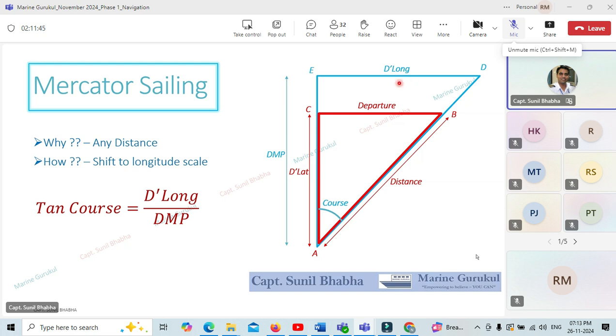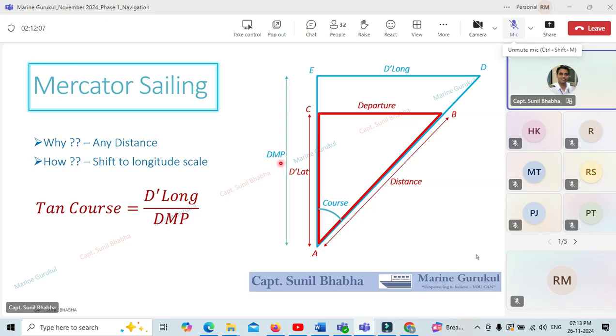DLong can be easily obtained from the chart itself. In fact, we have our initial position and final position given to us. We can obtain the DLong between the two positions. The DMP is obtained from the meridional parts table in the Norie's nautical tables.